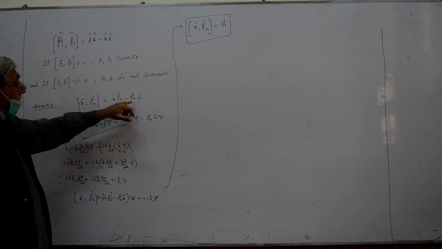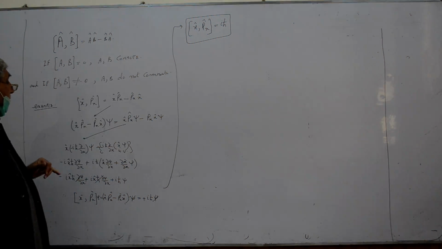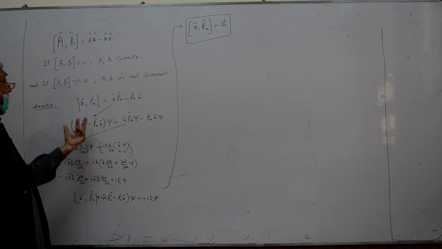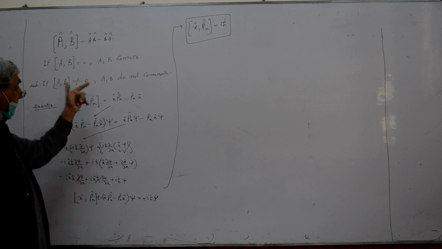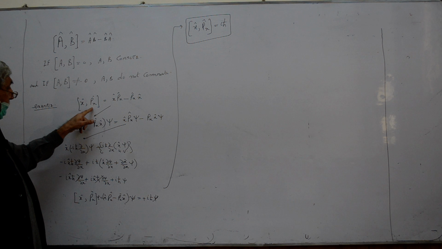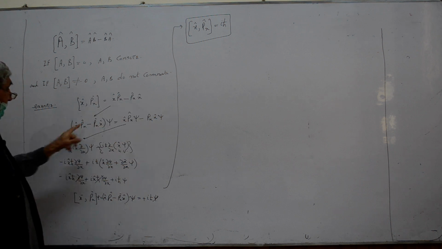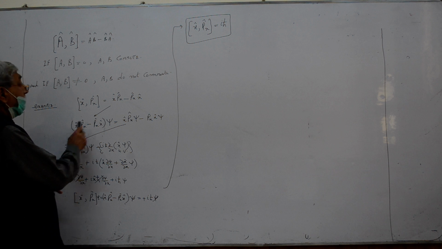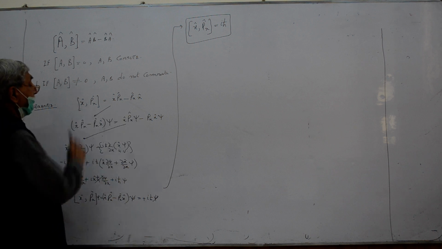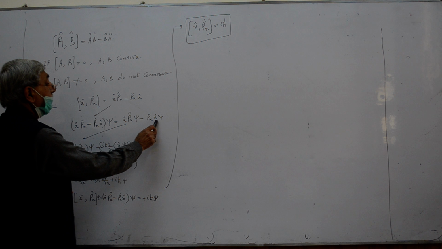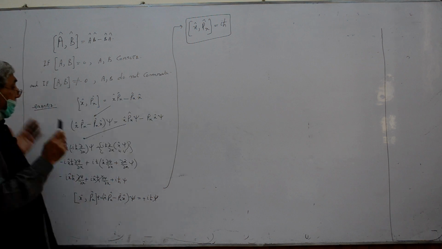They can be written like this. Then I operate this quantity on a wave function psi. So I write psi here, I write psi here, okay? Then look, this operates on that, this operator also operates on that.